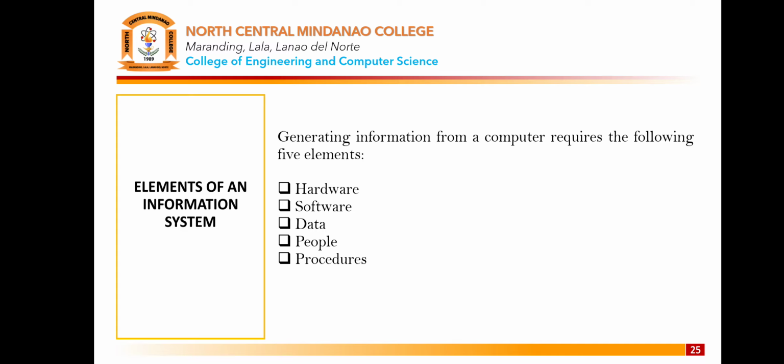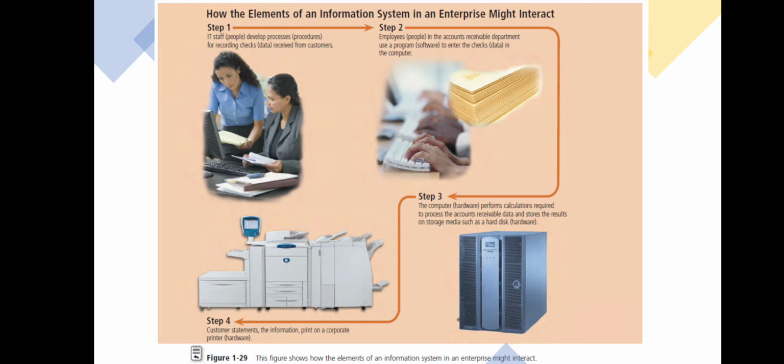Okay, so here on the next slide is the interaction, or how these elements of an information system in an enterprise might interact. First, the IT people develop procedures for recording checks received from customers.